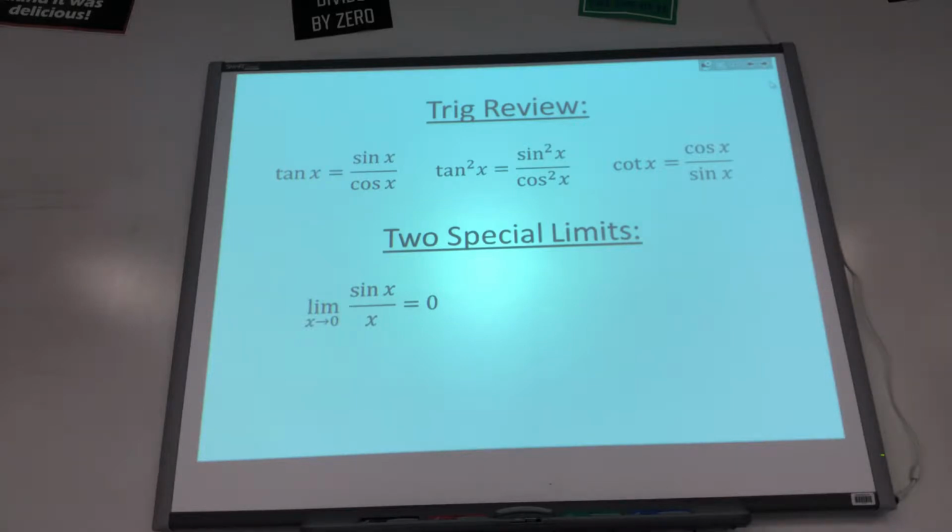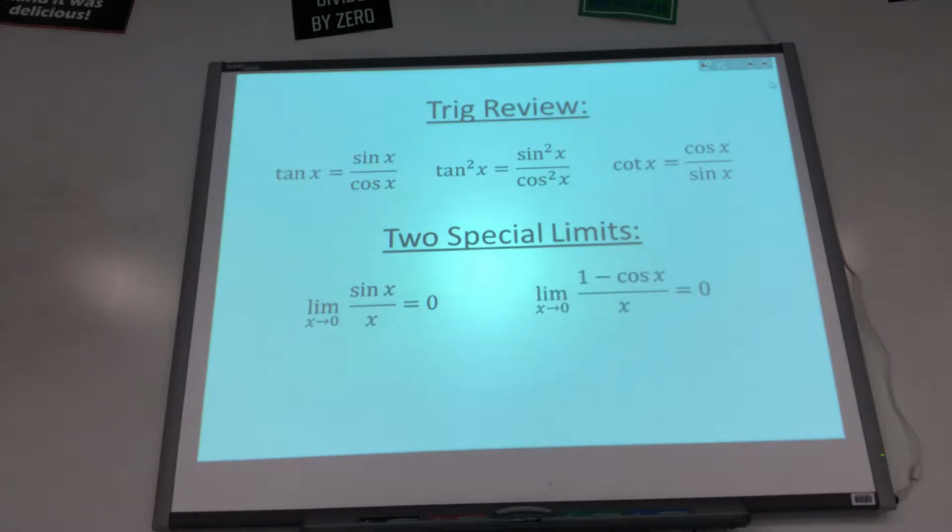If you take the limit as x approaches 0 of sine of x over x, it's going to equal 0. It's kind of a nice limit. A lot of times with trig functions, you don't really end up with nice answers, but that's a nice one. So we use it a lot throughout these problems.